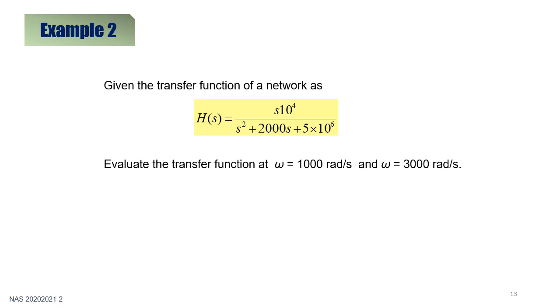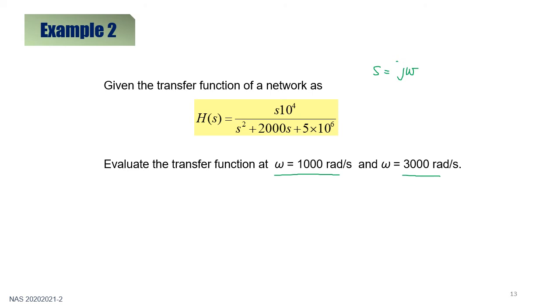Okay, let's look at the second example. Given a transfer function in S domain, you need to evaluate the given transfer function at specific frequencies, omega equal to 1000 and omega equal to 3000 radian per second. We have seen in the earlier slides that S equals j omega, assuming there is no initial condition and the system is in steady state.